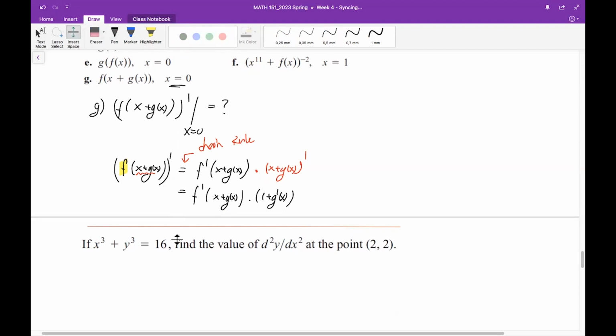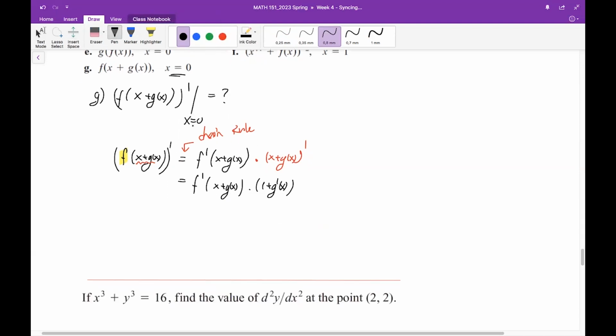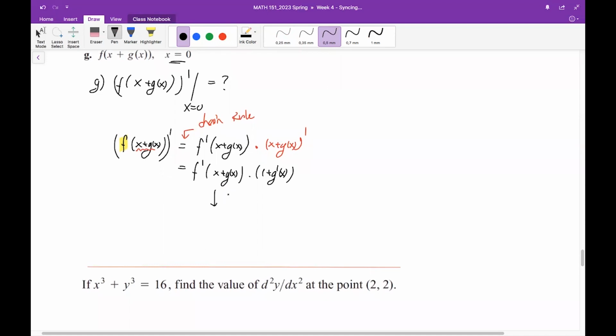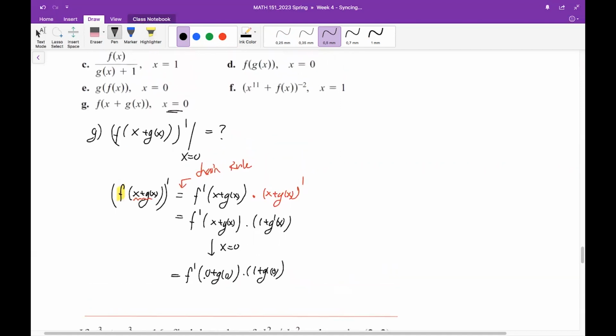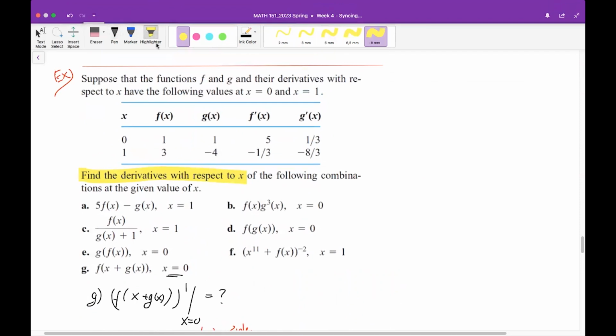Now, to find the result of the derivative at the point X equals 0, I am inserting X equals 0 everywhere. F prime of 0 plus G of 0 times 1 plus G prime of 0. Now it is time to look at the table. We need G of 0 and G prime of 0.